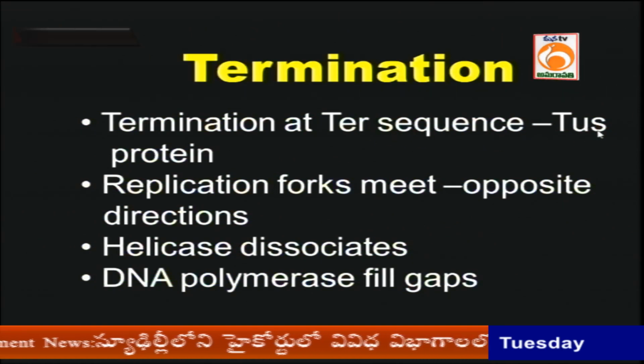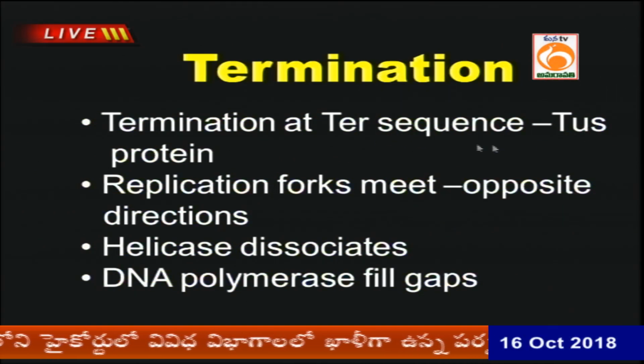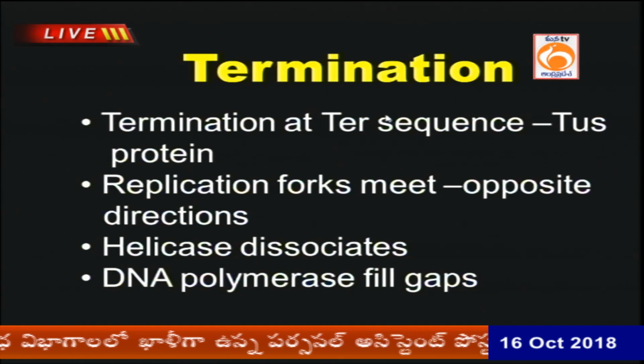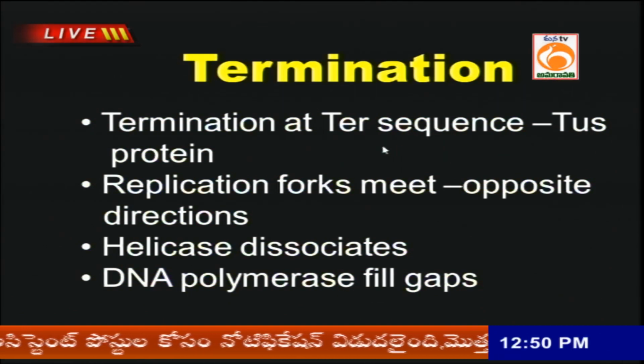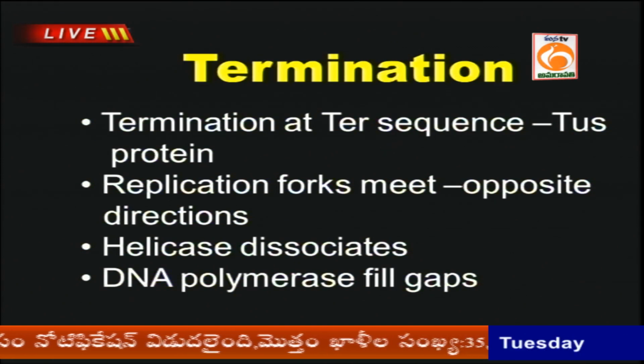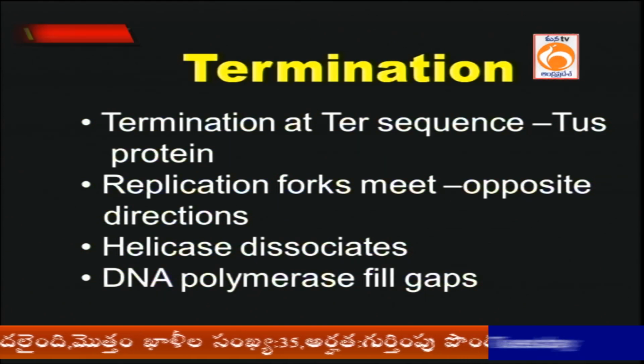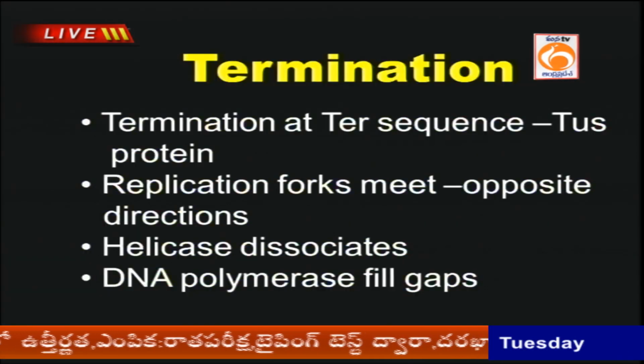TUS and TER act as a barrier that pauses the leading strand until the lagging strand arrives from the opposite direction. This happens when helicase touches the TUS protein. So, this induces termination of DNA replication.